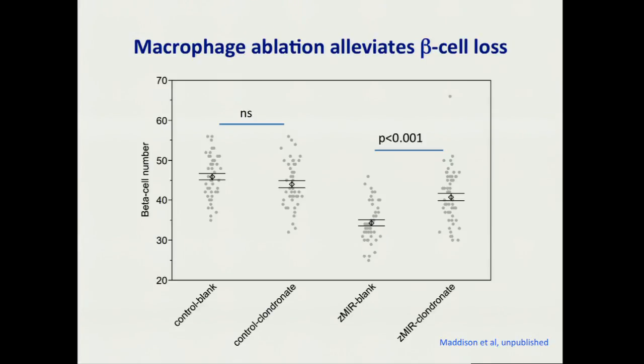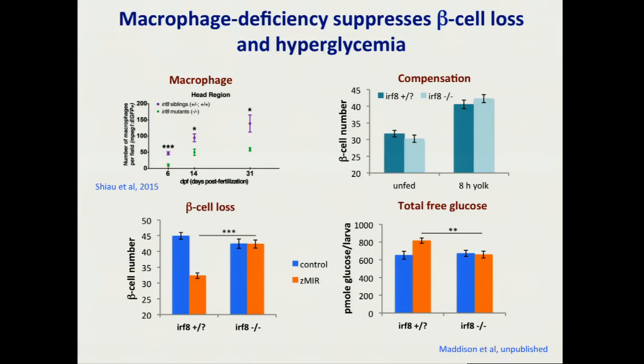First, we did an experiment trying to kill the macrophage using clodronate liposome, which can be preferentially taken up by macrophage, thus killing them, and that can protect the beta cells from dying in this transgenic fish. Then we used another approach using the mutant line generated by Will Talbot's group, the IRF8 mutant, which ablates embryonic macrophagegenesis.